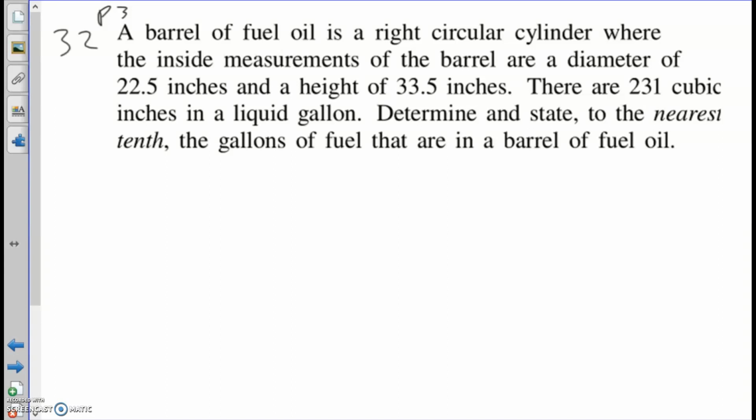A barrel of fuel oil is a right circular cylinder. So right away I'm thinking volume equals pi r squared height, where the inside measurements of the barrel are a diameter of 22.5. So if diameter is 22.5, right away I'm thinking, all right, what's my radius?